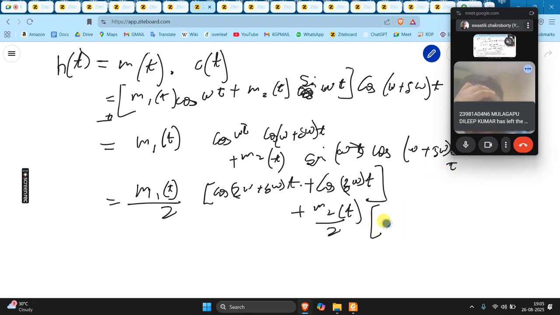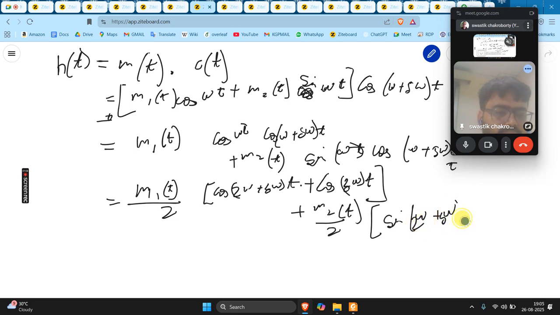So sin of (2 omega plus delta omega) t plus sin of minus delta omega t.